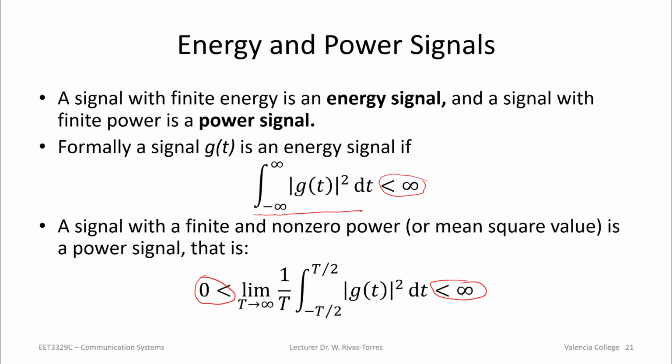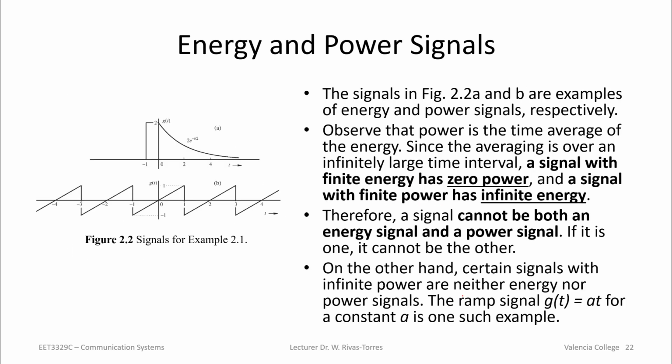If you have a signal that you think is a power signal, but it violates either of those two conditions, then it is not a power signal. Because again, we don't know how to deal with something that would be less than zero power. Such a thing doesn't exist actually. And if the power tends to go to infinity, again, we don't know how to deal with that. Okay.